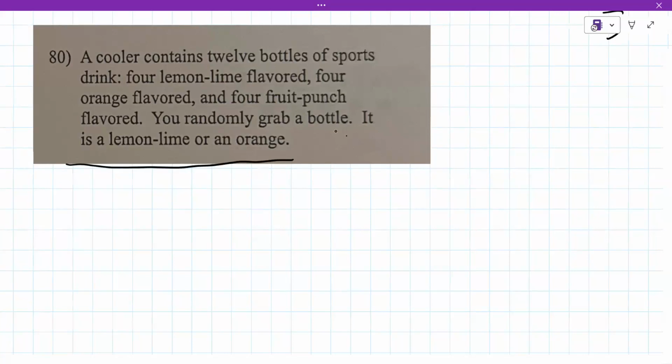You've got to find the lemon, lime, then the orange. I think it's the same answer, 2/3. Some of these are so predictable. Yeah, very good. Okay, so 81 here.